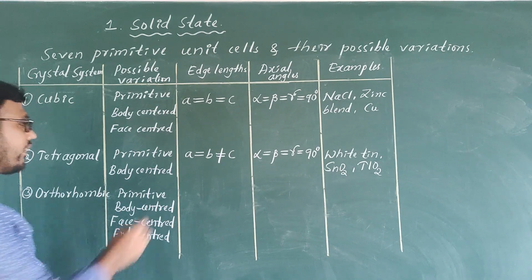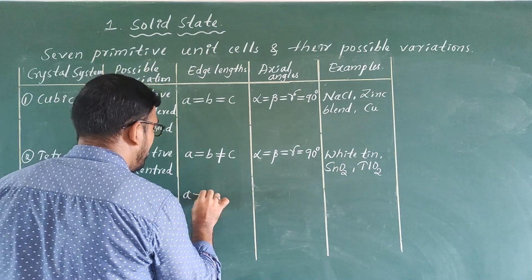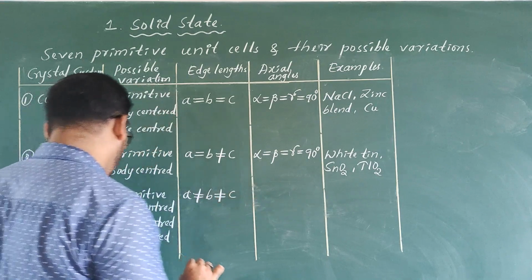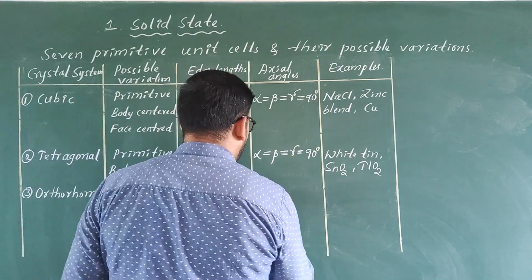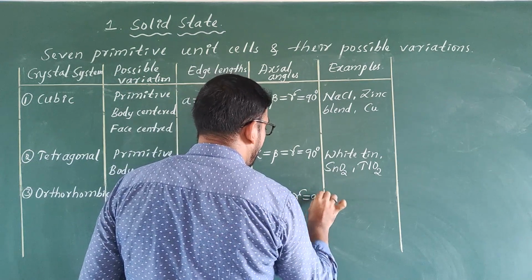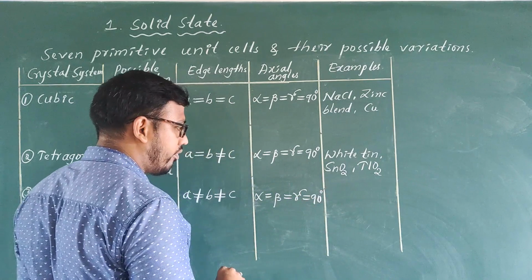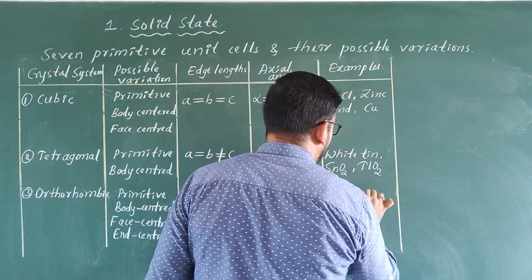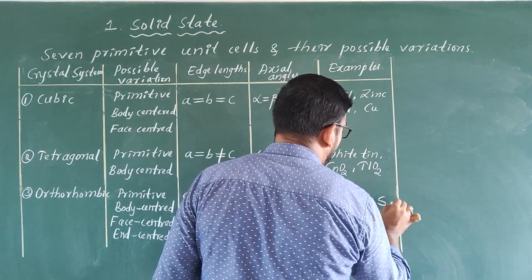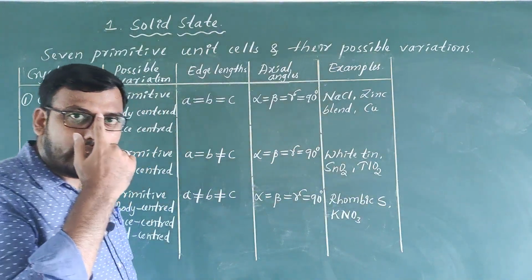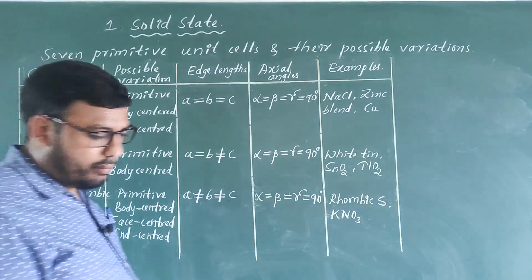Coming to their edge lengths, we already know A is not equal to B is not equal to C, but the angles alpha is equal to beta is equal to gamma is equal to 90 degree. When we come to examples, rhombic sulfur, potassium nitrate KNO3 are some examples of this rhombic crystal system.